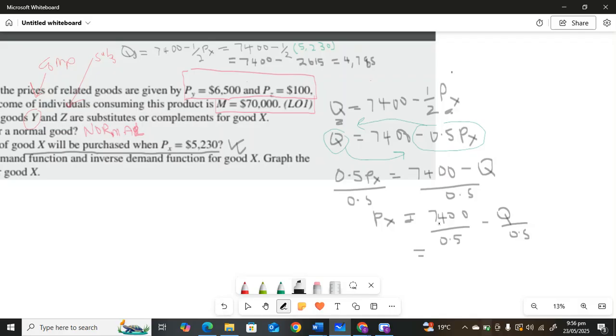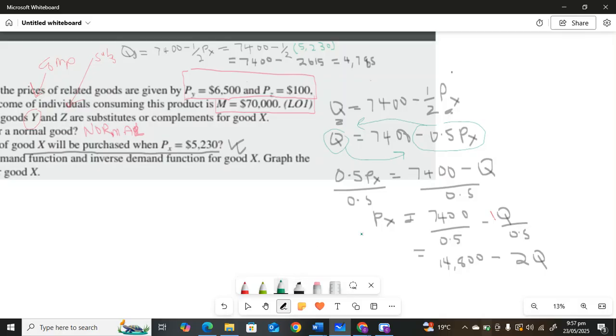What is 7,400 divided by 0.5? Should be 14,800. Then here you have a 1Q. What is 1 divided by 0.5? That is 2. So, 14,800 minus 2Q.